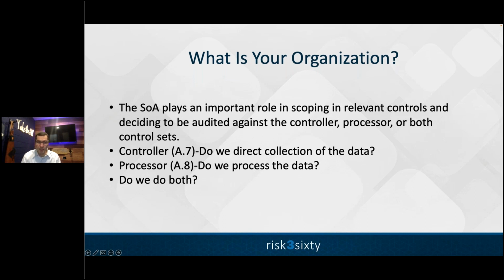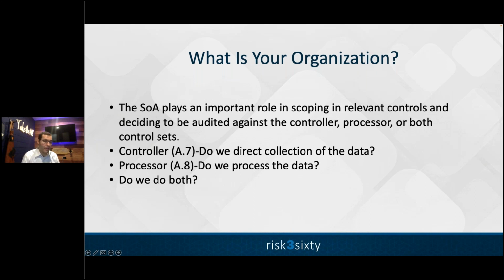Rule of thumb is in the B2B context, a company is probably a processor, and that's the main focus of their privacy information management system. Of course, there can be exceptions, but that is what we see more often. And of course, you can do both. You don't have to elect one or the other.